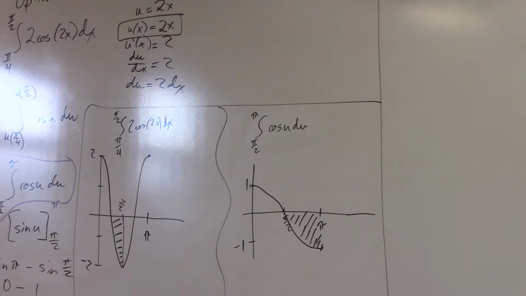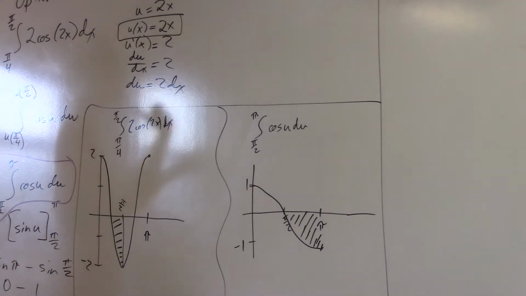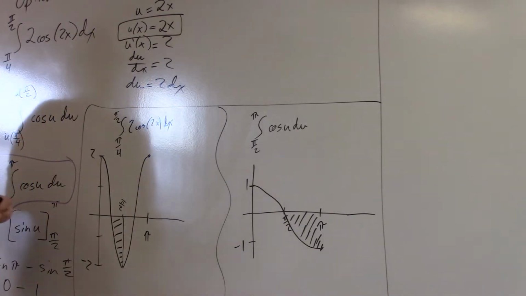Yeah. So on some deep level, what I'm really doing when I do integration with substitution is transforming an integral into another integral via some function. And this u substitution is not just some cheap algebra trick, even though it kind of is.